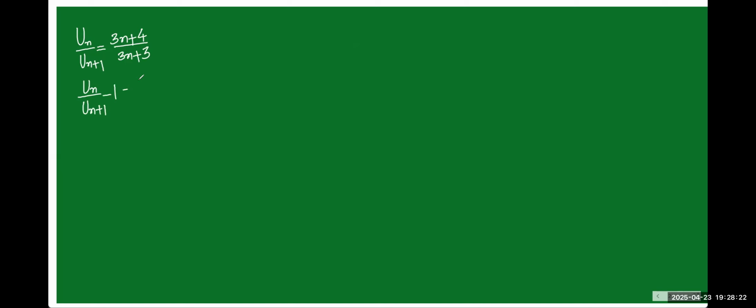So 3n plus 4 by 3n plus 3 minus 1. Now the LCM will be taken here. 3n plus 3 will be our LCM. And 3n plus 4 must be there, and minus 3n minus 3 will come. 3n and 3n cancel. 4 minus 3 is 1. 1 by 3n plus 3 is the value of un by un plus 1 minus 1.